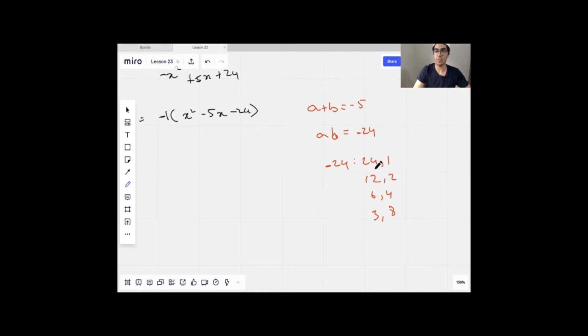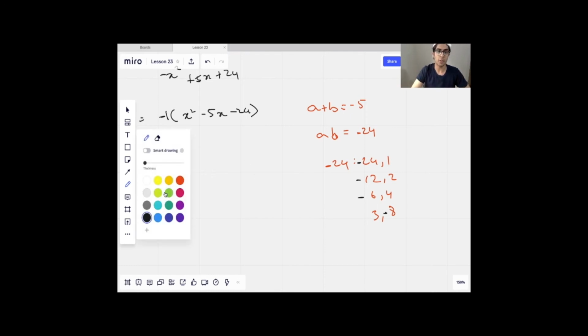Say if 1 was the minus number here, we'd always get a positive number because 24 is bigger than 1. So if we want to get negative from these, the bigger number has to be negative. So we go through these and give the bigger number the negative sign, and only consider those possible cases, which is a lot quicker than considering both cases, like minus 24 and 1, and then 24 and minus 1.